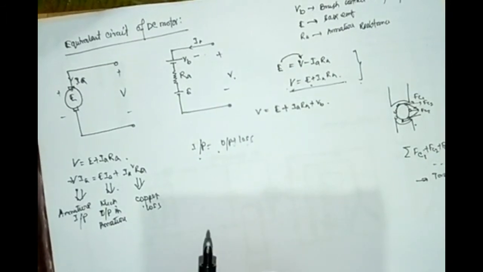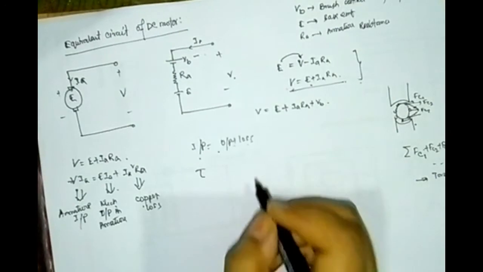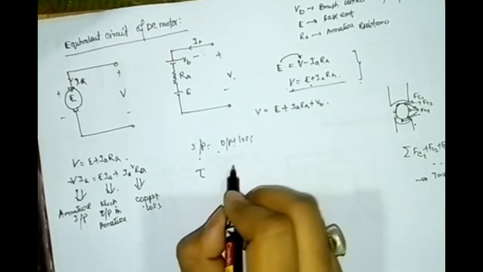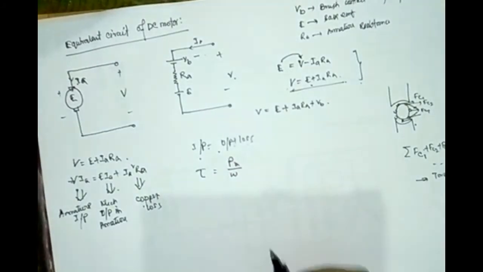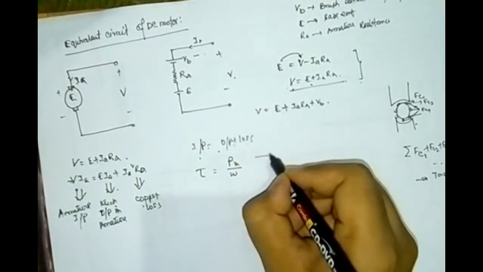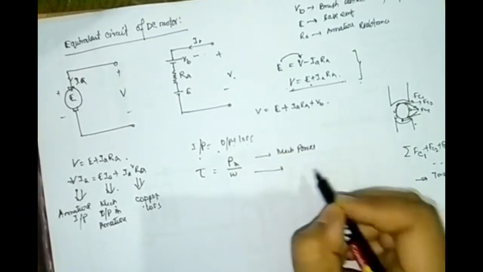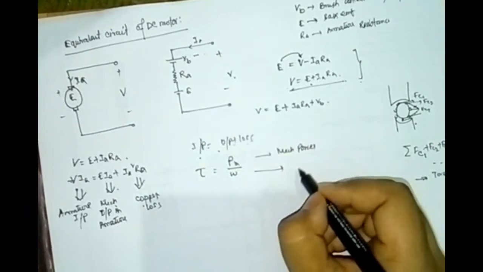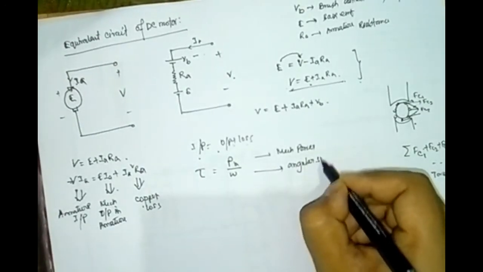Now let us think that the average electromagnetic torque is tau. So tau is equal to Pm by omega, where Pm is the mechanical power and omega is the angular speed.